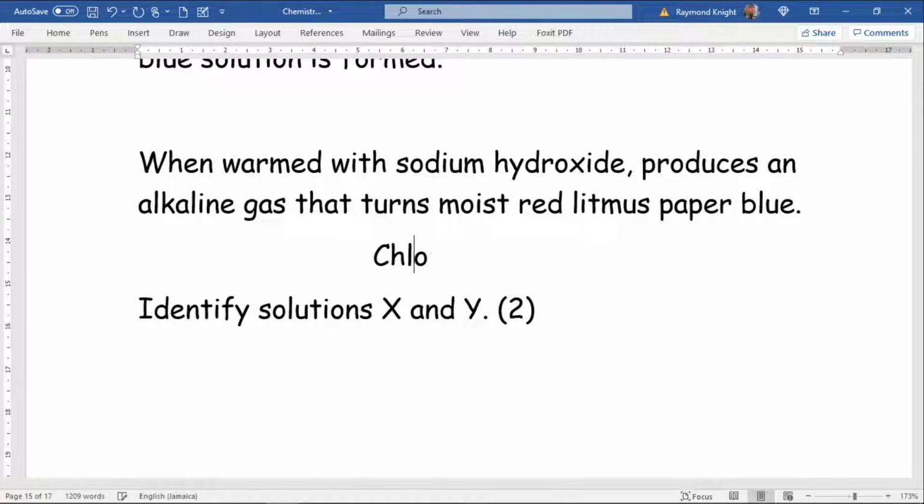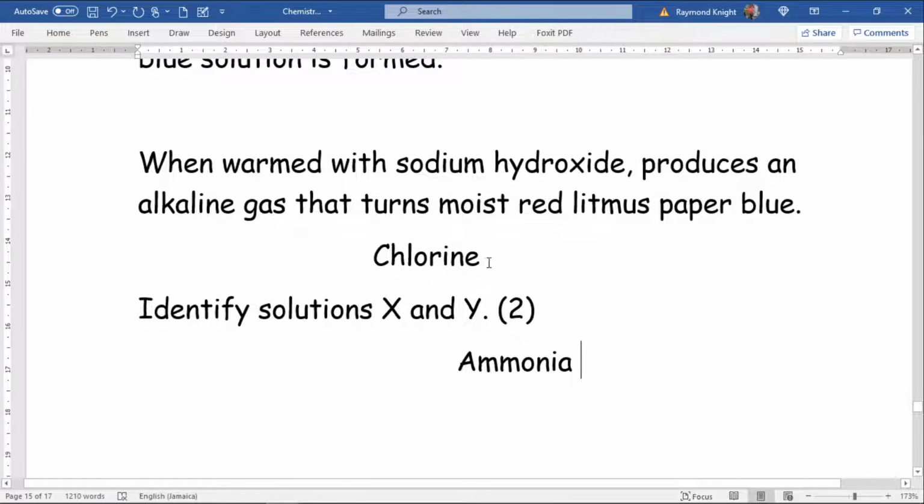And Y here now will be ammonia, because ammonia will be produced and will turn the red litmus into blue. So that would be your solution: a solution of chlorine, a solution of ammonia.